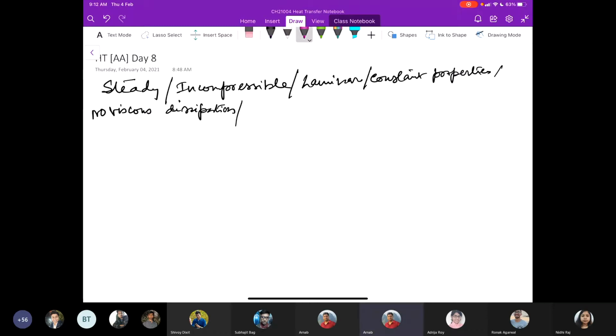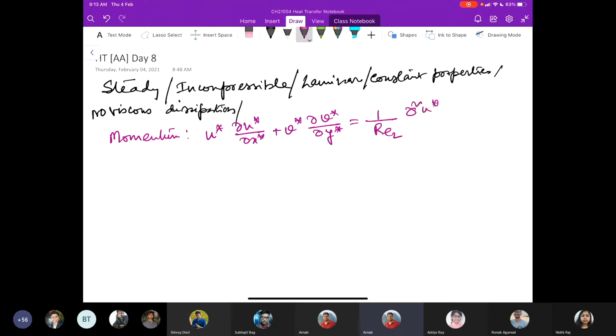It would take a form, if I write the momentum one based on this analysis, plus equals to this kind of form, which you have already seen because we have discussed those.